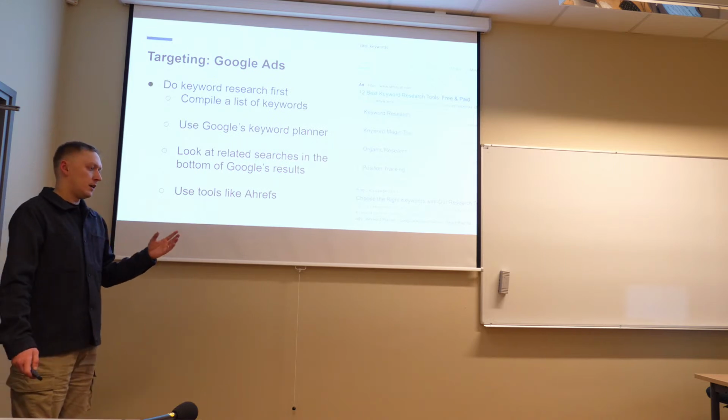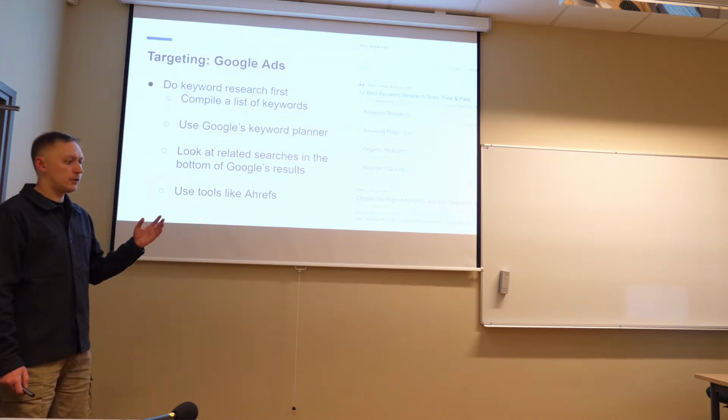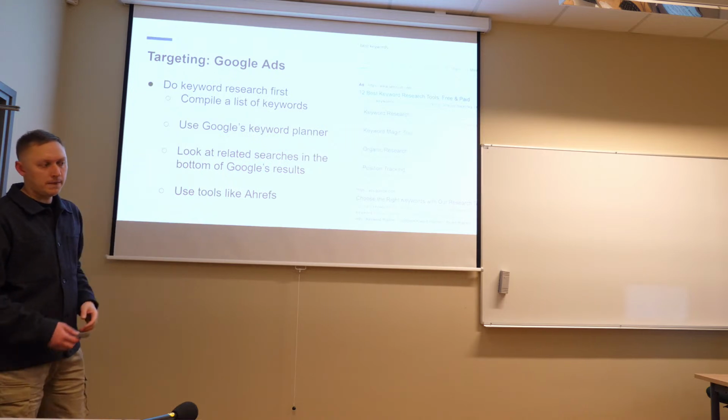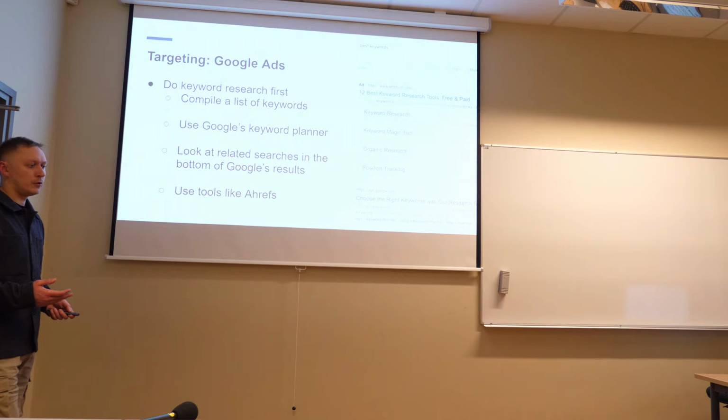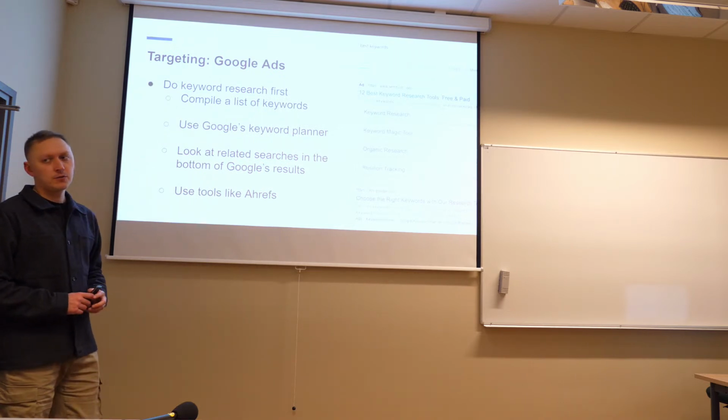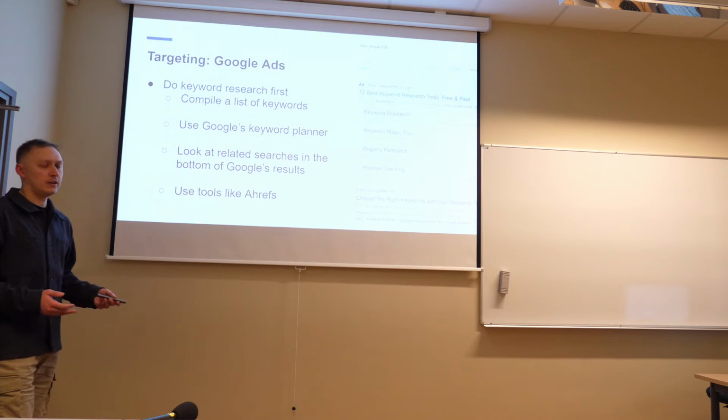Let's say 90% of the times you want to be in the first position. And then you also set a maximum bid of how much you want to pay for your click. And if your maximum bid is too low, then Google will let you know, and then you should raise it.